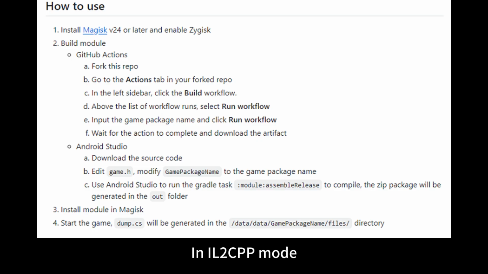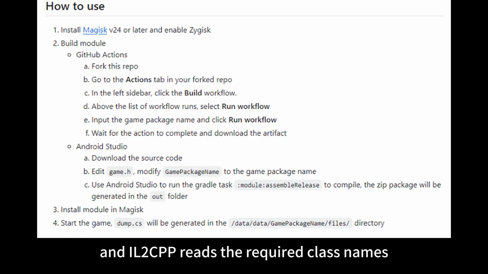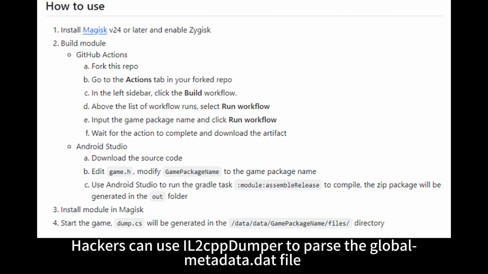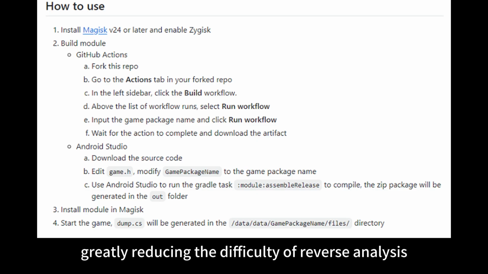In Il2Cpp mode, Unity records class names, property names, strings, and other information from C# code in the global-metadata.dat file, and Il2Cpp reads the required class names, property names, and other information from this file when it starts. Hackers can use Il2CppDumper to parse the global-metadata.dat file and map the class names and other string information in the file to the native code, greatly reducing the difficulty of reverse analysis.